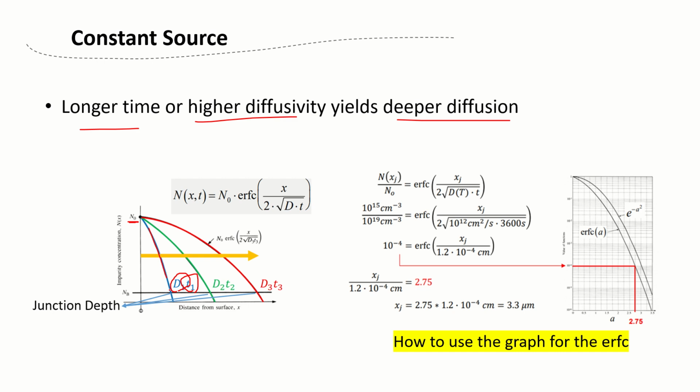And while we increase either t or D, we will have deeper diffusion, and the dose will increase with time. Junction depth is where NB, the background, intersects with the profile. So here are the equations. If we have the surface concentration and the concentration at location x, we can get how deep the diffusion goes by putting all the data into the arc function table to get a result.